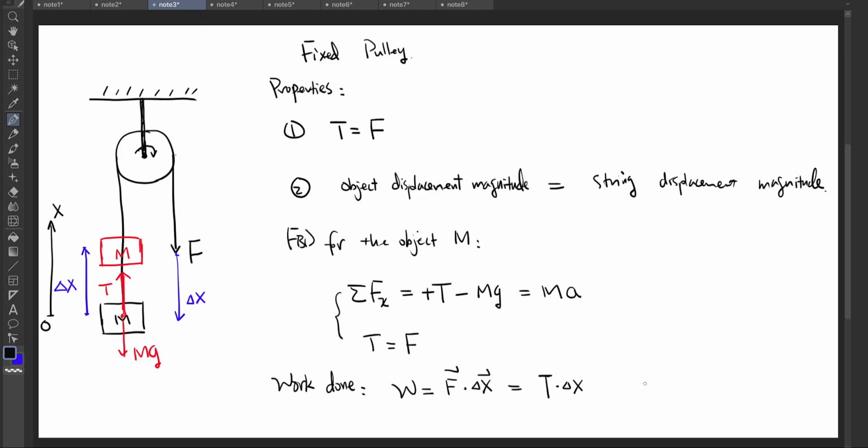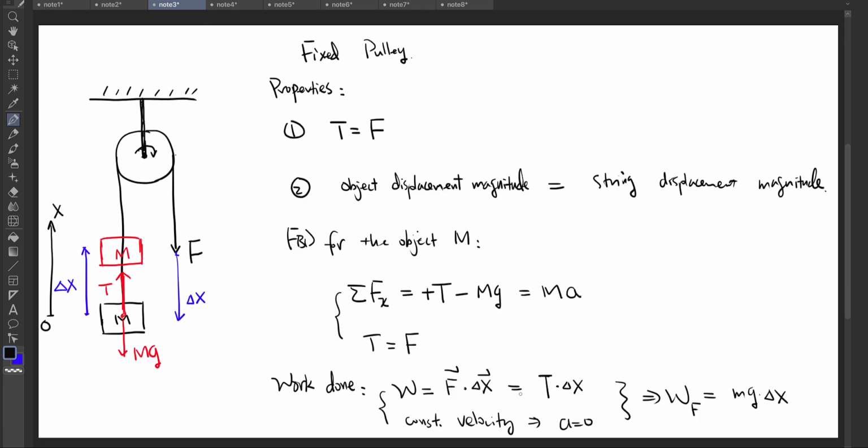Now, if you pull up this object with a constant velocity, so let's add more and more conditions here. Constant velocity, which means that a equals 0, okay? Then we can calculate the work done by the force F equals mg times delta x, okay?